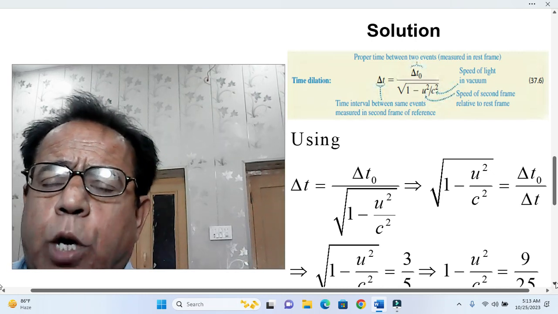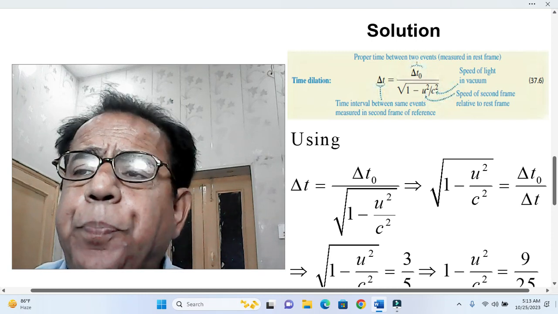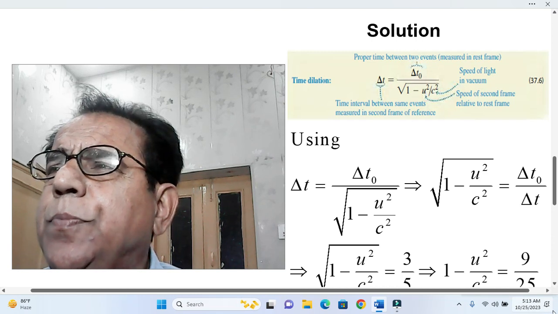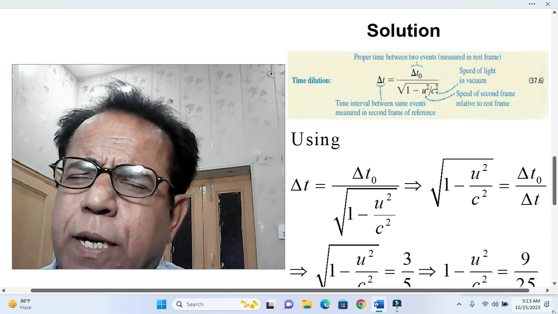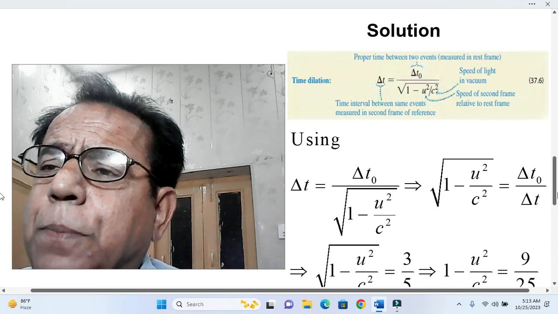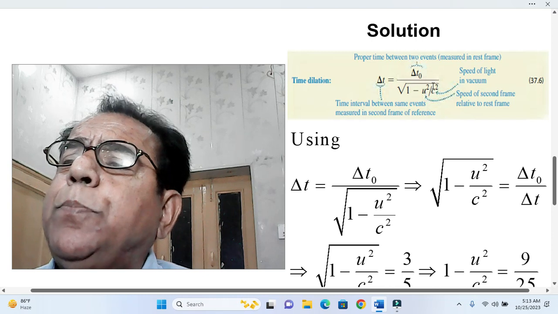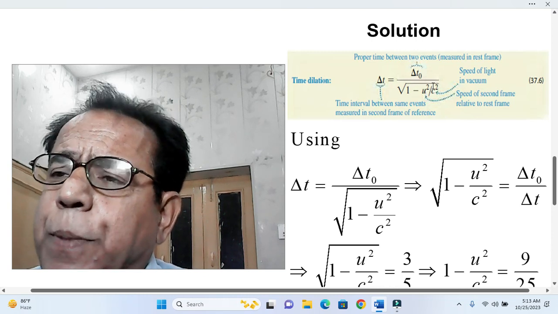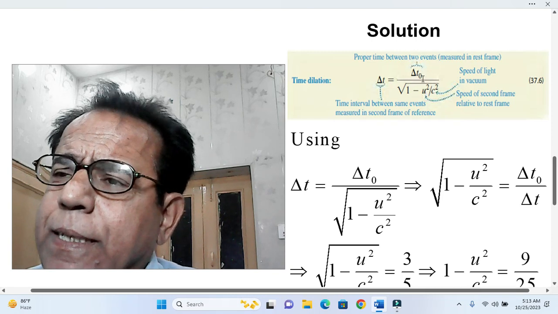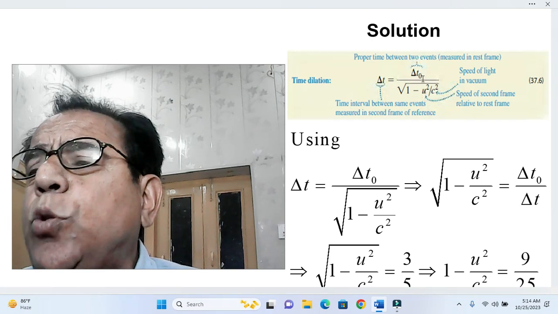This snapshot has been chosen from the book University Physics by Young and Freedman, and this one snapshot is quite sufficient to meet our requirements regarding the solution of this problem.